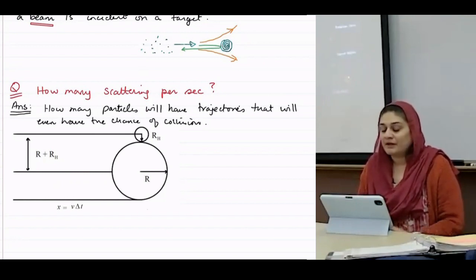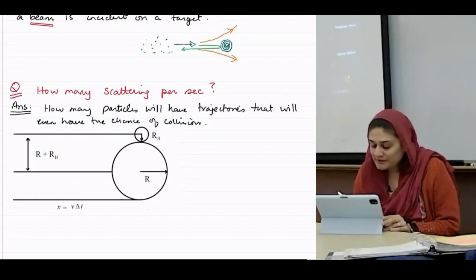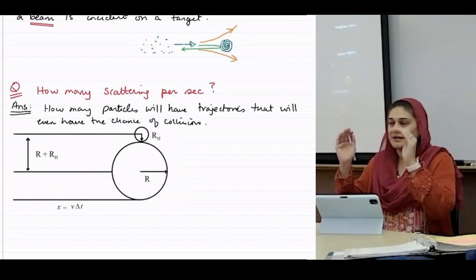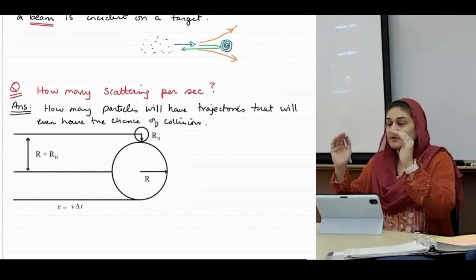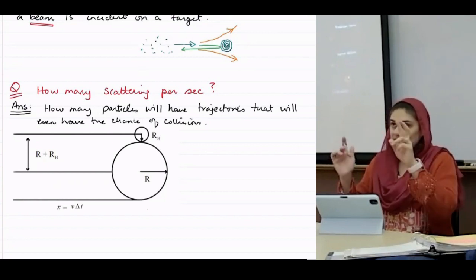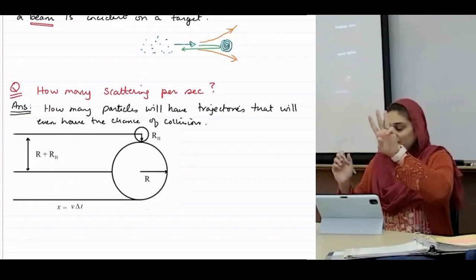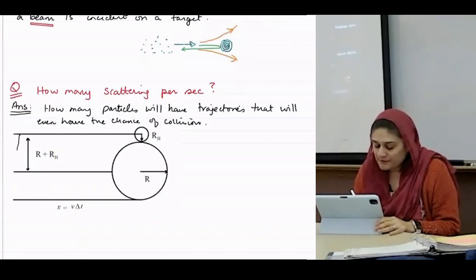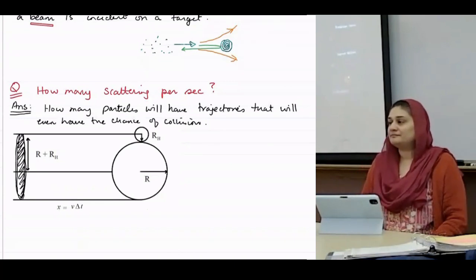Actually, think about it this way. So this is a three-dimensional picture that I'm drawing in 2D. So both these spheres are three-dimensional, right? If the incident particle is anywhere in this region, will it collide?